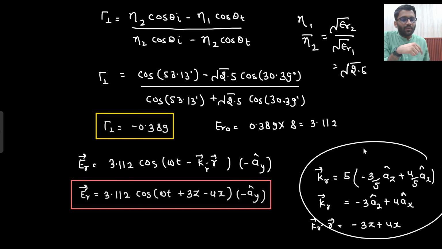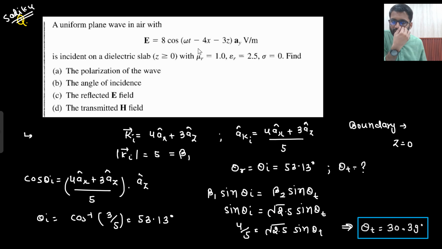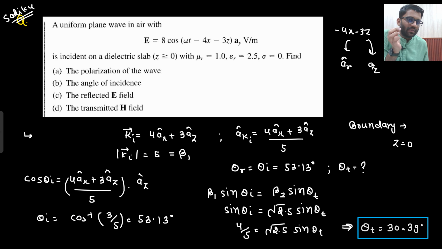But in the examination, you do not need to do all these things. If you look closely at what was written, minus 4x minus 3z, this is showing positive x and positive z.